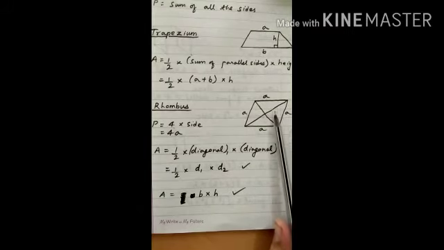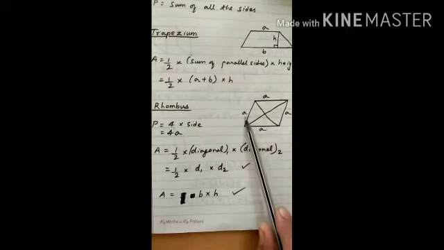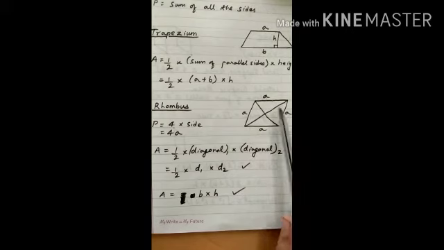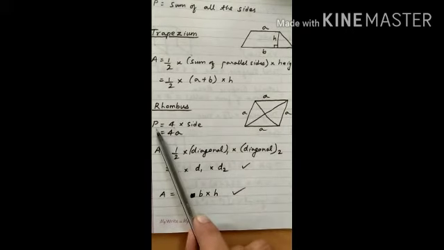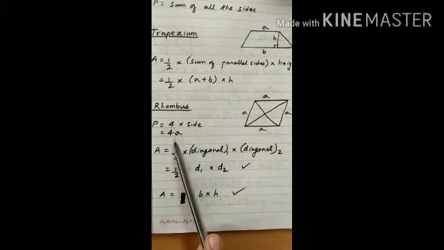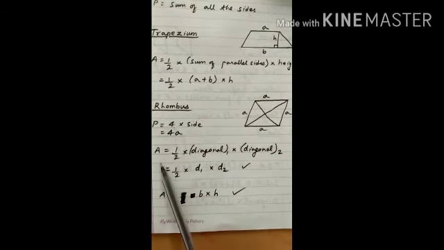Also all the four sides are equal to each other. Let each side be A. So perimeter is just like square, 4 into side, 4A, but area of a rhombus equals half into diagonal 1 into diagonal 2. Half into product of both the diagonals.